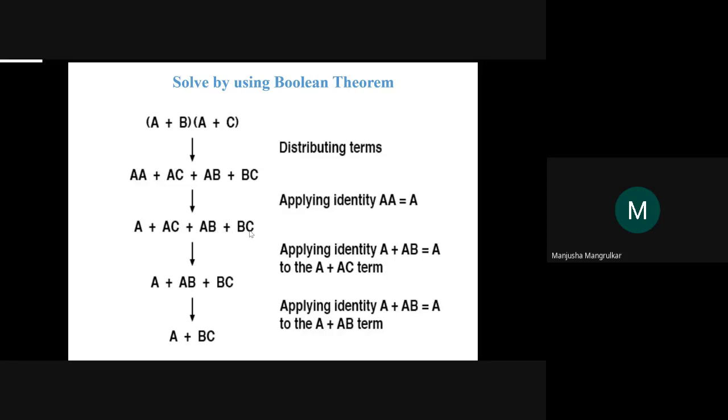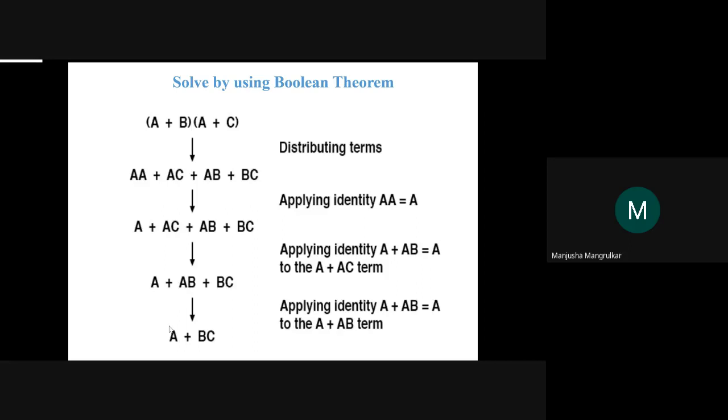Now here we can see that A or AC is the same as A. We can say that by the identity law, A or A and B is equal to A. So for this term we apply the identity law, that is A. Now here A, B or B, C. Again A or A and B means, again, this is the identity law.